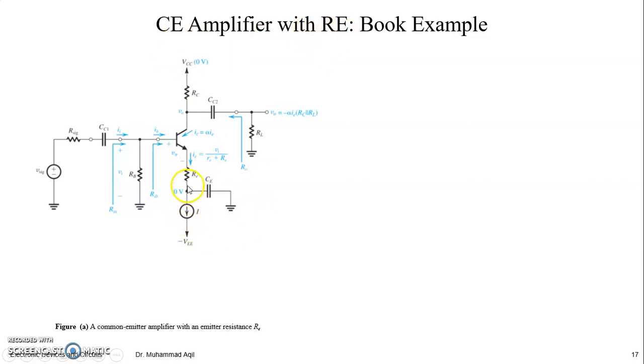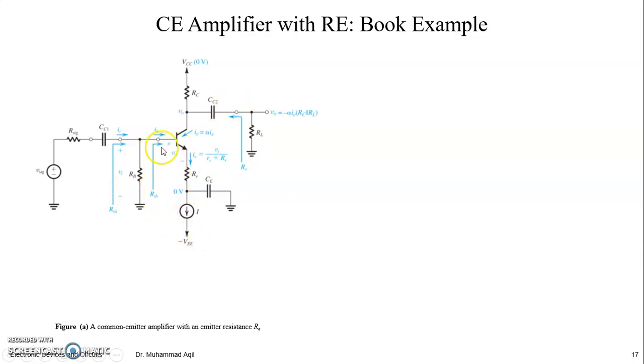Otherwise, you can put this signal to ground. It means you have only one resistance, nothing is bypassed, right? So whatever the other resistances, if still one resistance is present, you are in this amplifier case. So again, here you can still perform the AC analysis.